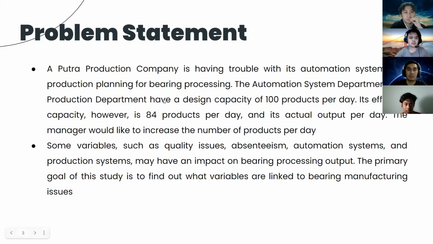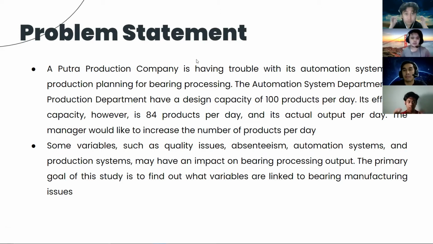Okay, so the problem statement. A Putra production company is having trouble with its automation system and production planning for bearing processing. The automation system department and production department have a design capacity of 100 products per day. Its effective capacity, however, is 84 products per day, and the manager would like to increase the number of products per day.